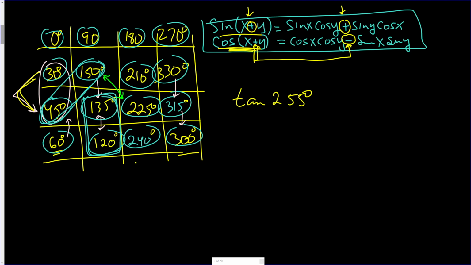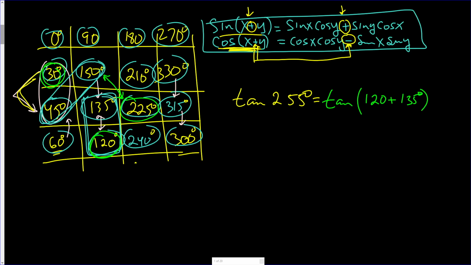So, again, without this table, what if in your head you're trying to do this and you never say 120? How else are you going to get 255? I mean, maybe you'll hit on 30 and 225. Okay, but maybe you won't. 255, we're going to say is 120 plus 135.